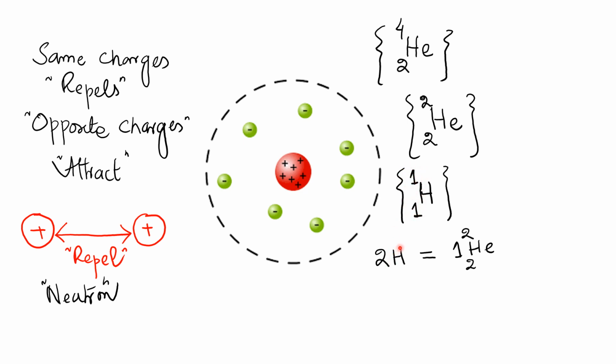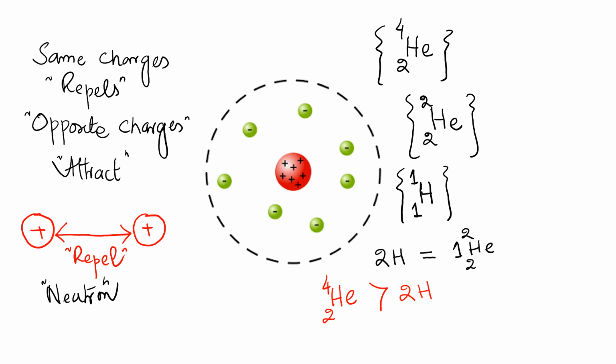So according to Rutherford, the mass or weight of two hydrogen atoms must be equal to one helium atom's weight. However, scientists observed that the weight of a helium atom, He with charge 2+ and mass 4, is greater than that of two hydrogen atoms.